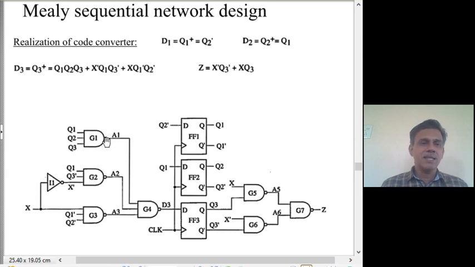You can easily see that if you take out these NOT gates and put them here, these are all AND gates which will produce these product terms. Now what do we have here? These are all bubbles before this AND gate as well as at the output of the AND gate. Now mentally remove this bubble. We have an AND gate with 3 bubbles before it.